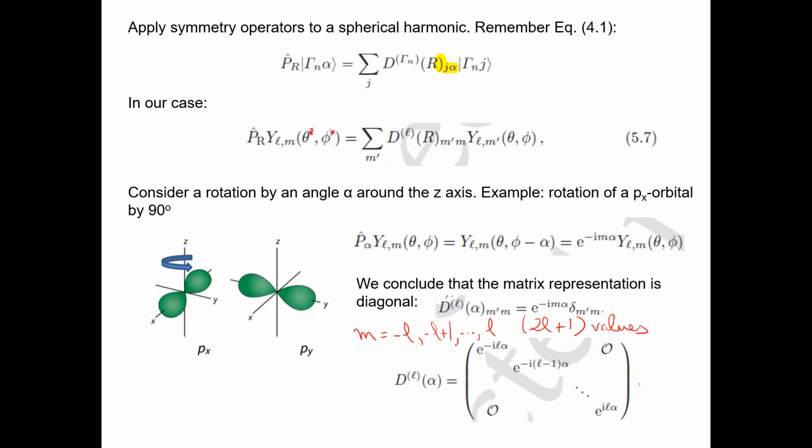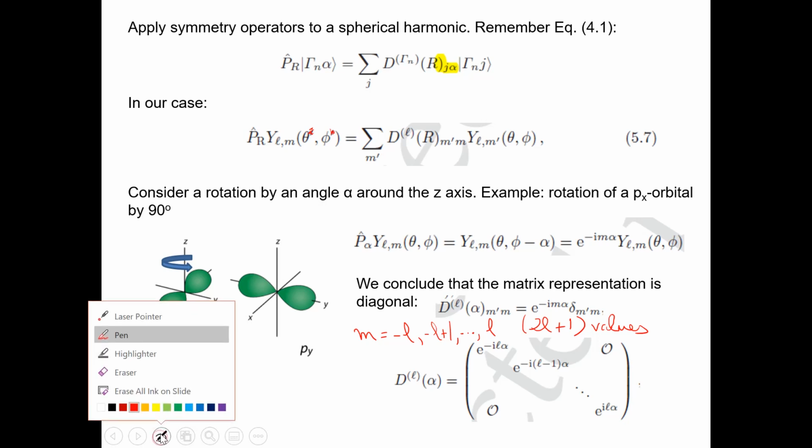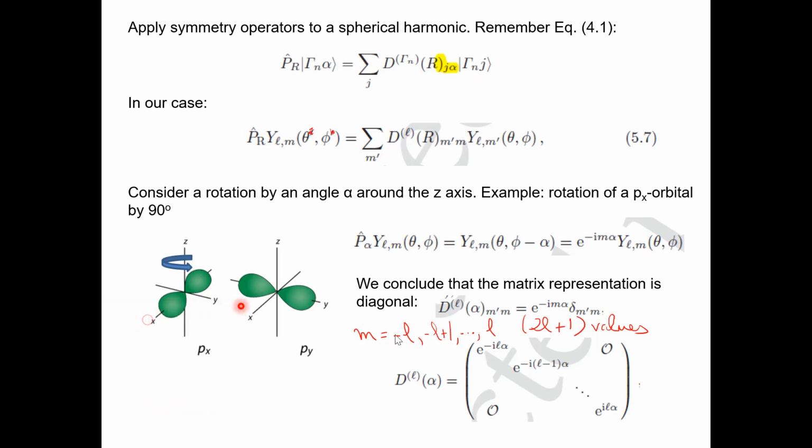So this matrix will have 2L plus 1 columns and 2L plus 1 rows, and it will be a diagonal matrix, and the matrix elements are simply e to the minus i L alpha, and so on, e to the different values of m, right?